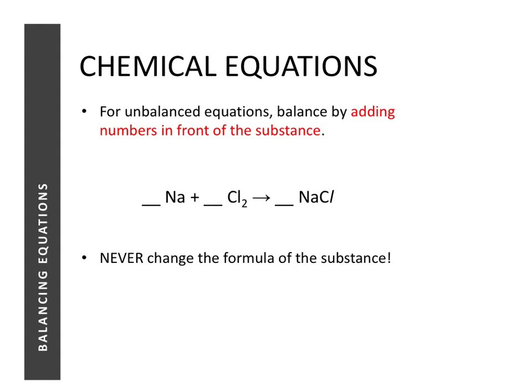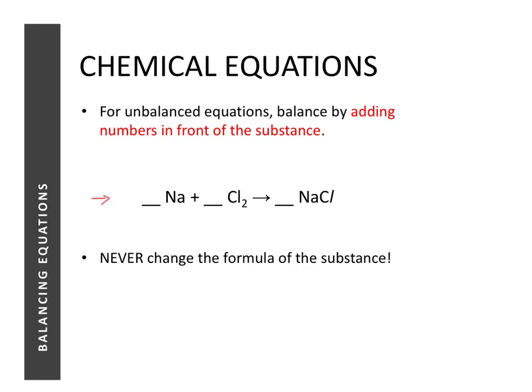So how then do we balance an unbalanced equation? We do so by adding numbers in front of the substance. I'm going to show you an example now. So if we look at the equation shown over here, let's try to balance the number of chlorine atoms.